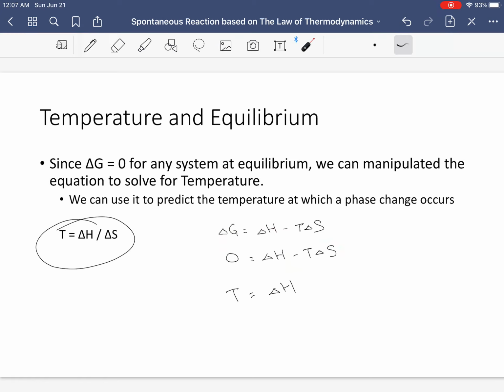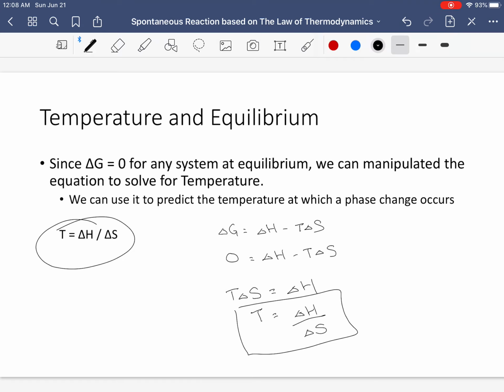Let me do this strategically, because some people hate it when I skip steps in mathematical operations. All I did was move this to the other side so it becomes positive. And if I want to find out what the temperature is, it's really just delta H divided by delta S.